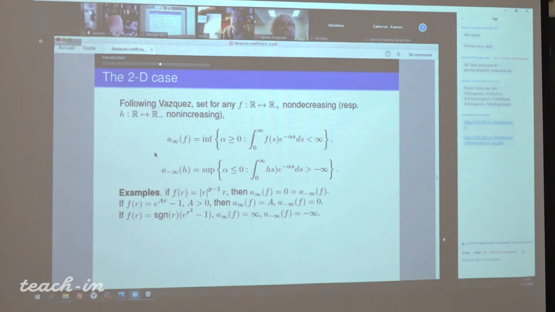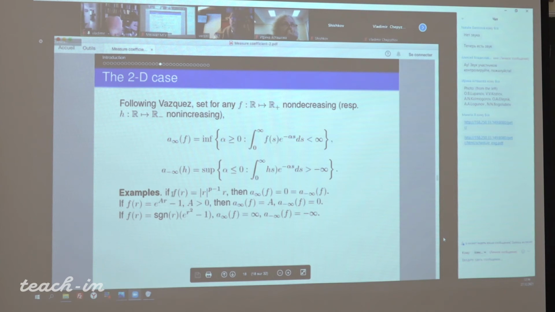When N equals 2, the comparison is with exponential. So you define A infinity of f as the infimum of the numbers alpha, non-negative, such that the integral from 0 to infinity of f of s times exponential of minus alpha s ds is finite. And you have an expansion of minus infinity.